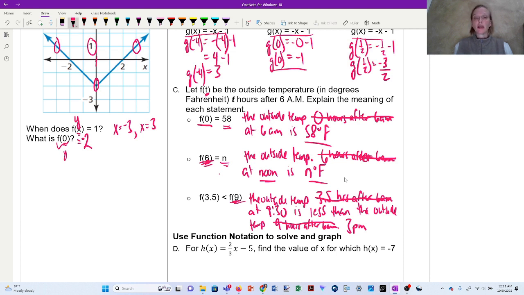The outside temperature at 9:30 is less than the outside temperature at 3 p.m.